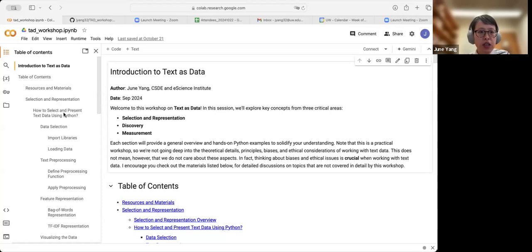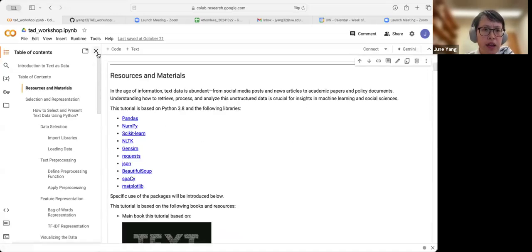So within each section, I've provided some basic principles for us to start with when we perform operations on text data. I will not go into the details, and I encourage you to look into the resources I mentioned in this tutorial and workshop to think more and to learn more about the principles and what to consider when we work with text data. So let's start here.